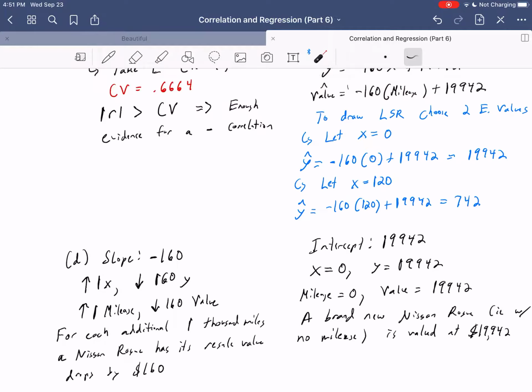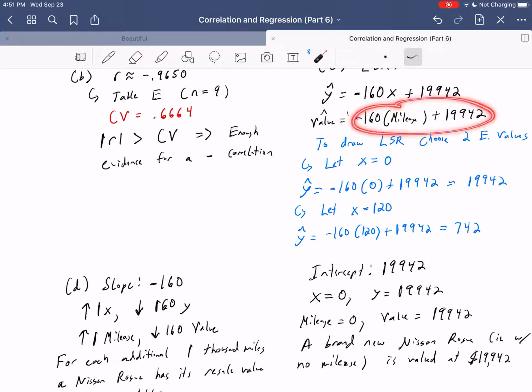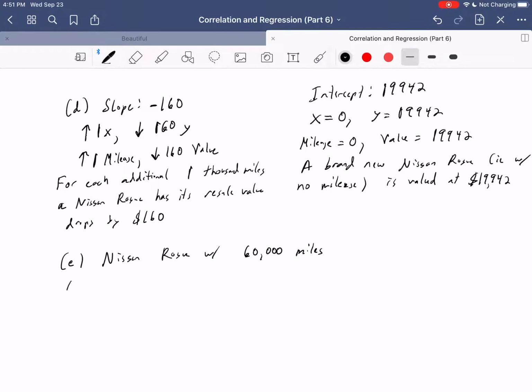Now, if we look at our equation here, it might be tempting to just immediately throw in the 60,000, but we have to be very careful. In terms of the 60,000 miles, notice that we need to view that as x equals 60,000, because remember, the units for our explanatory variable is thousands. So we're not going to plug in 60,000, we're going to plug in 60, because our variable is in thousands.